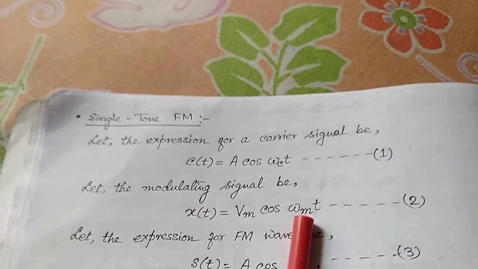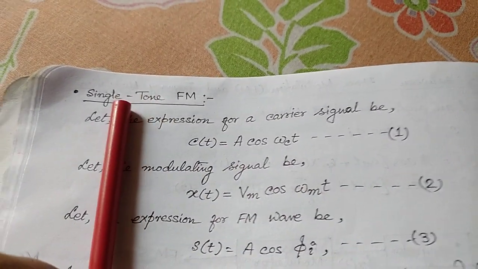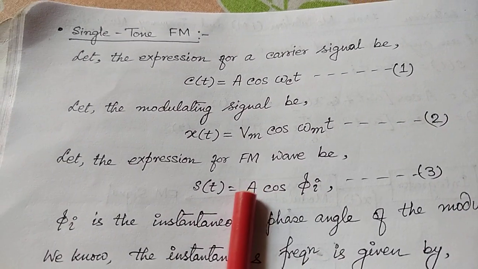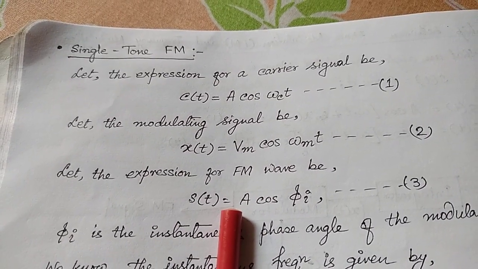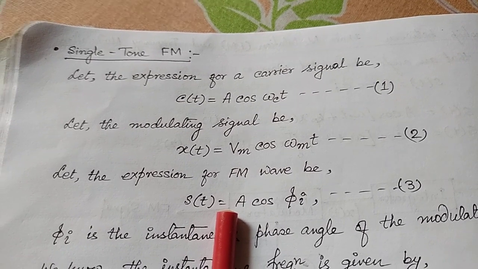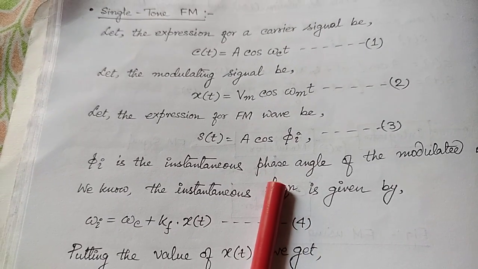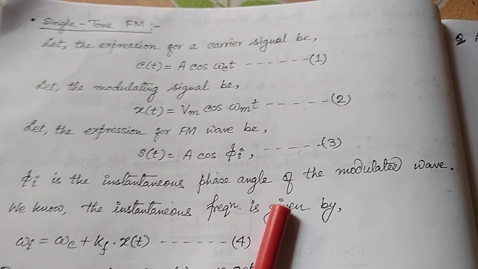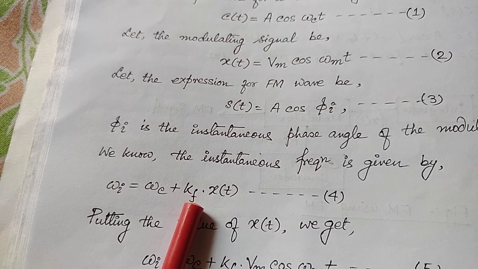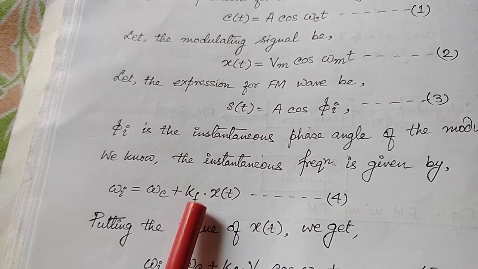Only a single frequency is present here, that is why it is known as single tone FM. We have already studied that the expression for FM is s(t) equals A cos φi, where φi is the instantaneous phase angle of the modulated wave.